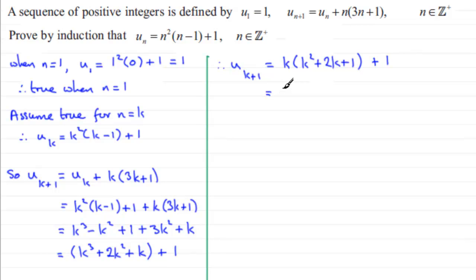And what we've got here is a quadratic expression which factorizes. It's going to be (k + 1) all squared. And then we've got the plus 1 here.